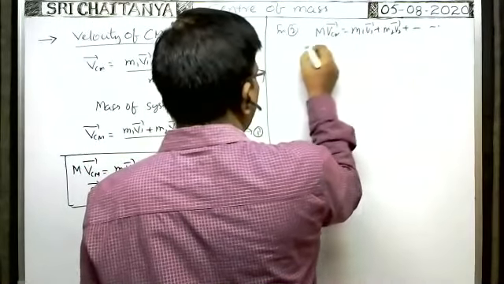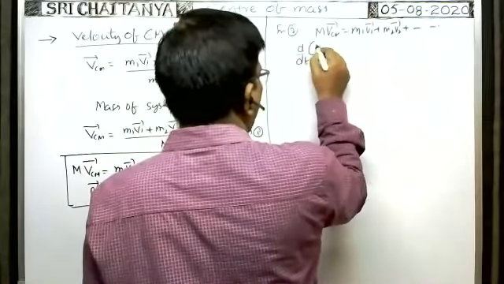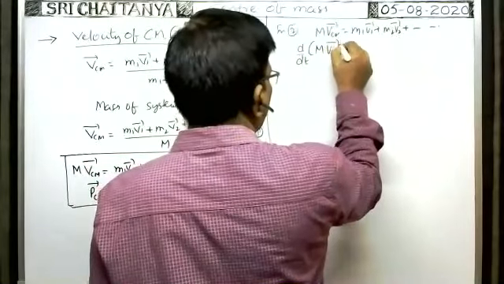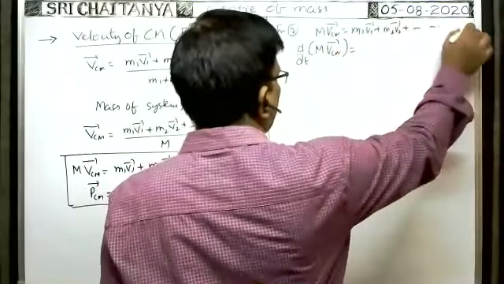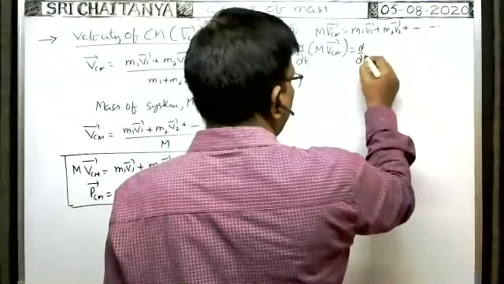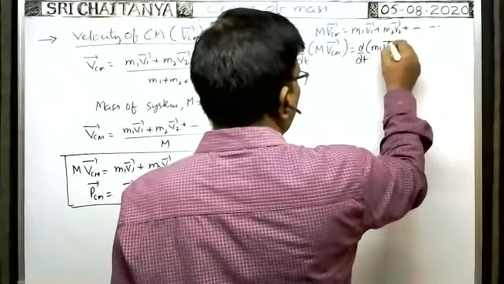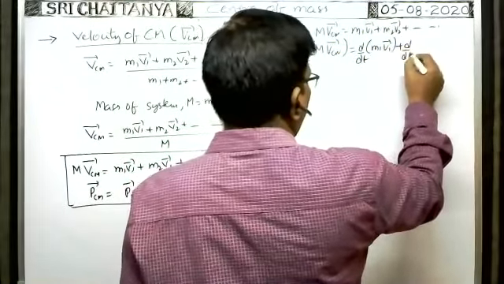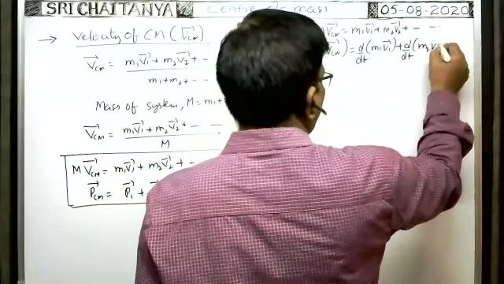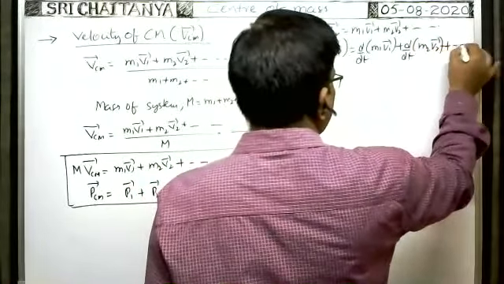Then d by dt of M into VCM bar is equal to d by dt of this one. You split them: d by dt of M1 V1 bar plus d by dt of M2 V2 bar plus and so on.